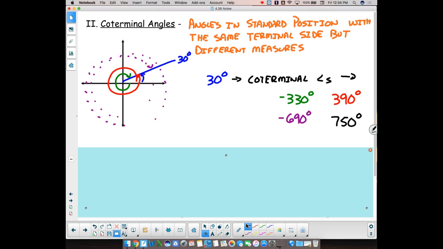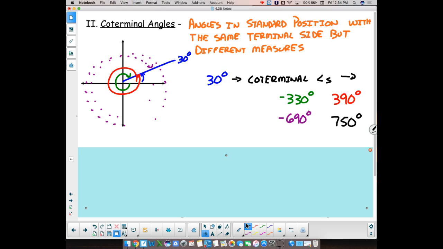What's the difference between the three positive angles and the difference between the two negative angles? 360 degrees. A lap around the circle is 360 degrees. So the difference between all coterminal angles is 360 degrees.